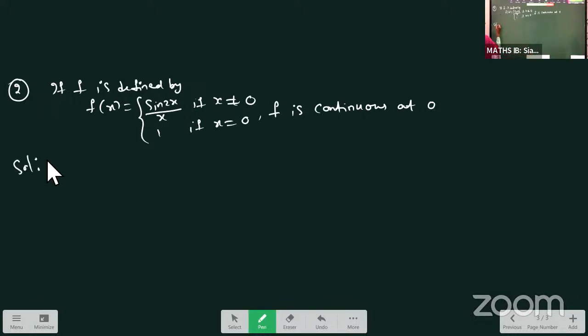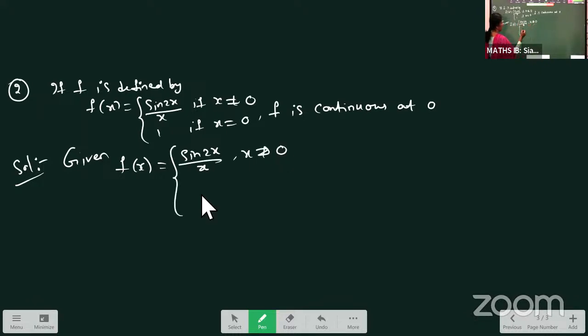First take the given f of x value. f of x is equal to sin 2x by x if x not equal to 0, and 1 if x is equal to 0.